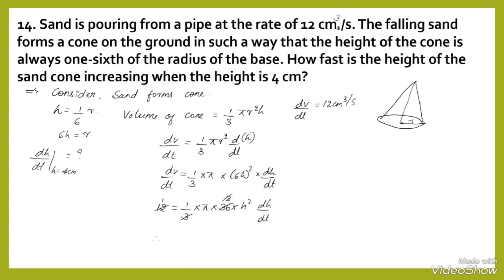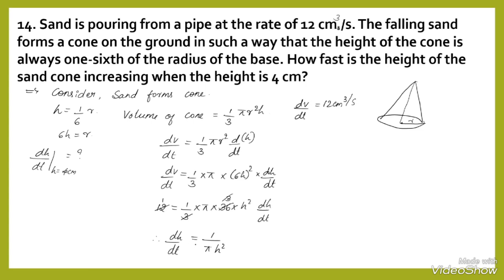Therefore, we want the rate of change of height, that is dh by dt is equal to, taking all the values here, 1 divided by pi into h square. We want the rate of change of height only.